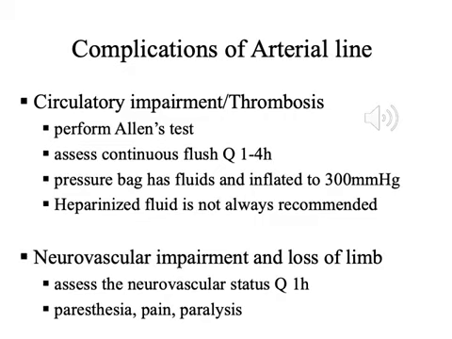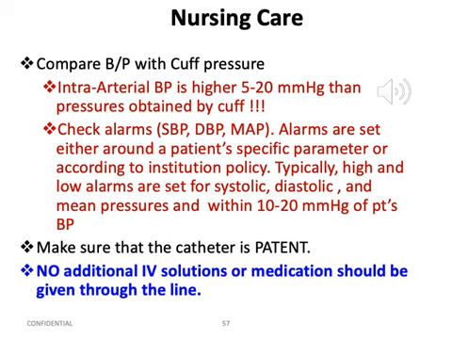Also, one of the complications we need to assess is neurovascular impairment and loss of limb. We need to assess the neurovascular status hourly. If there is pain or paralysis, all this should be assessed to prevent such complications through the nursing care that should be provided.